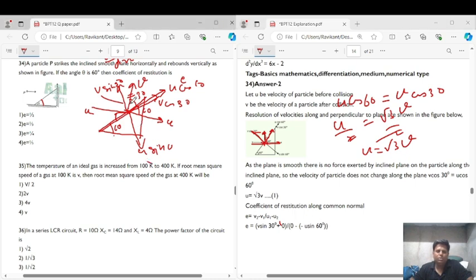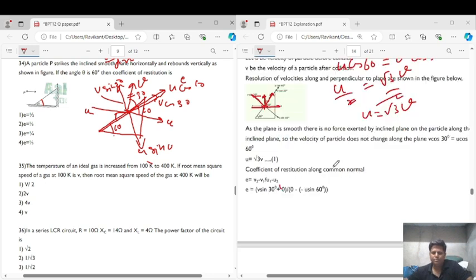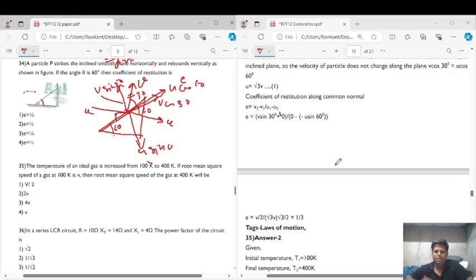Because u sin 60 is in the opposite direction of v. Putting these values and calculating, we get E is equal to 1 by 3. So the correct answer for this question is 1 by 3, option 2.